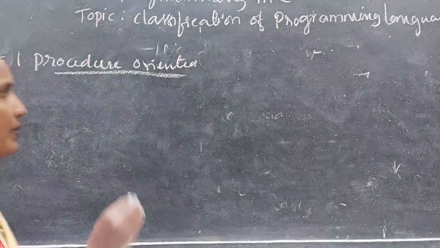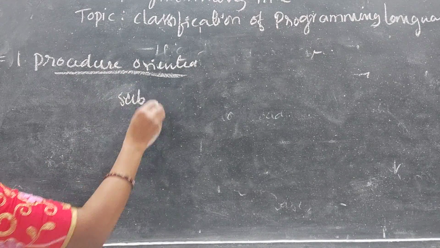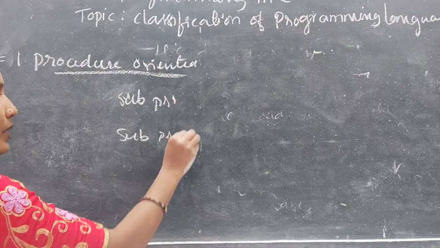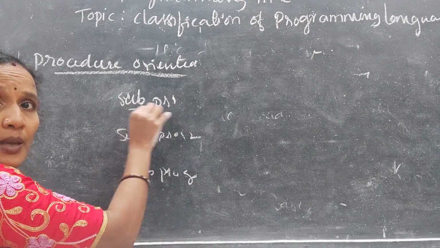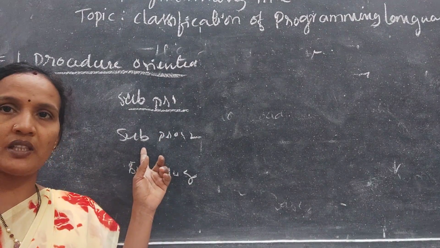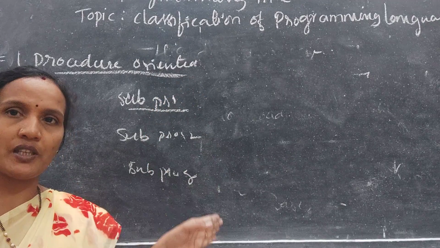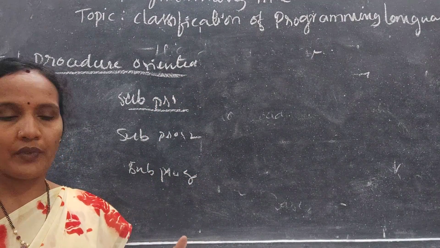For example, this is part 1. It is called subprogram 1, subprogram 2, subprogram 3, like this. So first subprogram 1 will be executed, next subprogram 2, and then subprogram 3. Means in the given procedure, in the given structure only, the program will be executed. Understood?